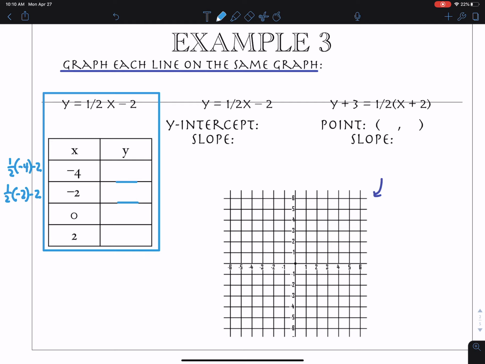So it's back to what we did in 3.2. So continue that. Figure out the output when you plug in 0 for x, and then figure out the output when you plug in 2 for x. And then plot the points and connect.